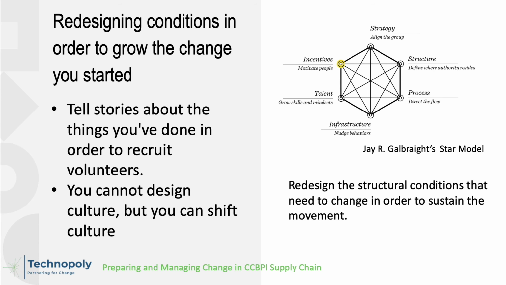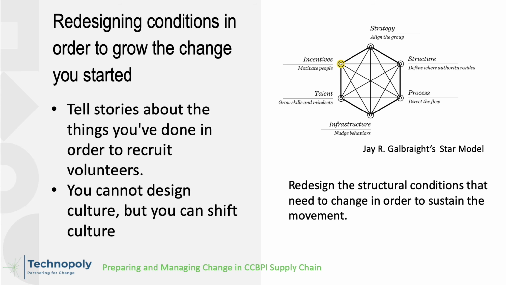The goal is to be able to redesign the structure based on the concepts of systems thinking that we have discussed in the previous lessons. Take note that to be able to make the change, we need to sustain the movement.